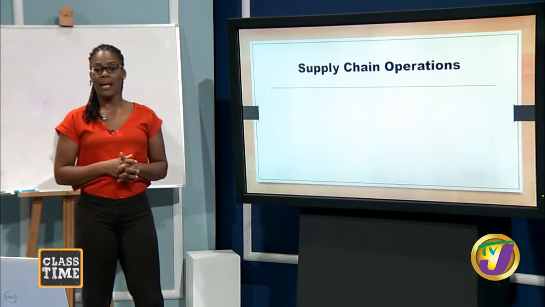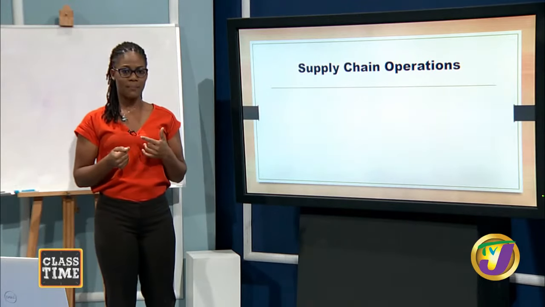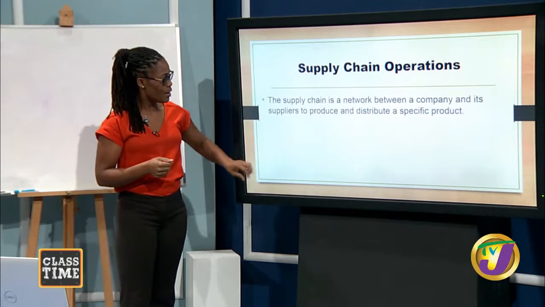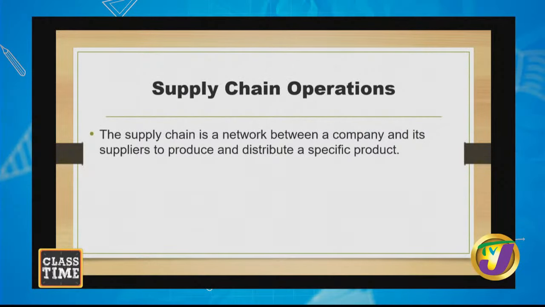Now, what is supply chain operations? When you hear of the supply chain, what comes to mind? Now, the supply chain is really a network between a company and its suppliers to produce and distribute a specific product. Now, there are basically 4 interrelated operations in the supply chain, and we looked at those when you were introduced to marketing.